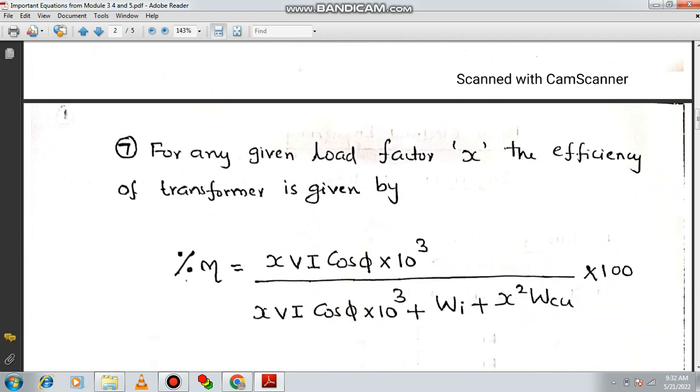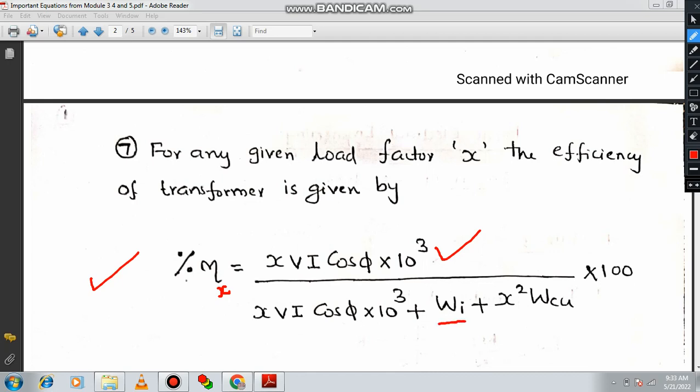Suppose there are different types of loading. Suppose the load is 25%, 50%, or 75%. At that time, how do you calculate the efficiency? Efficiency corresponding to the fraction of load can be computed using the equation eta subscript x equal to x Vi cos phi into 10 to the power 3 divided by x into Vi cos phi into 10 to the power 3 plus Wi plus x square into WCU.